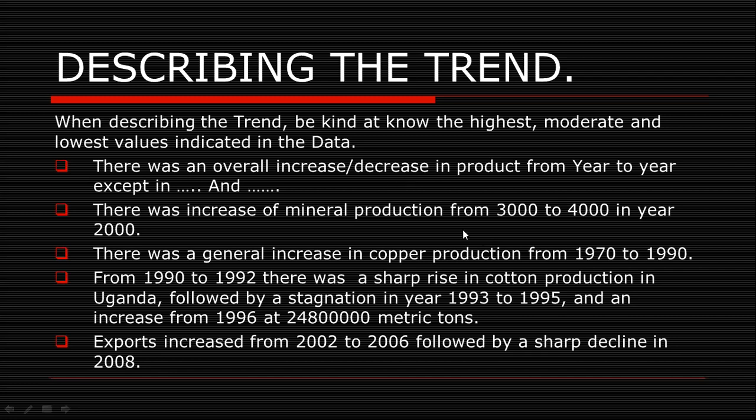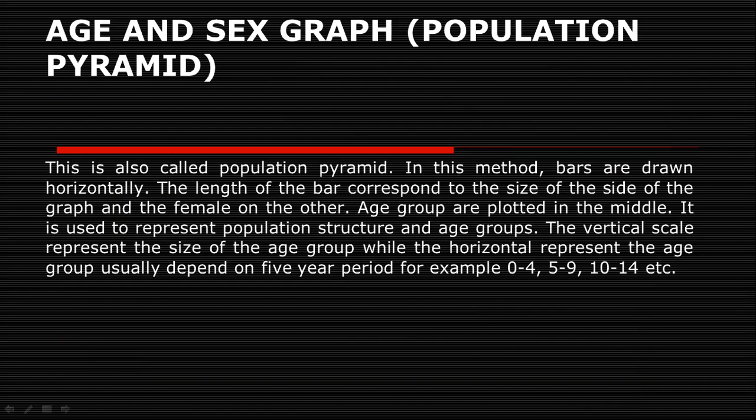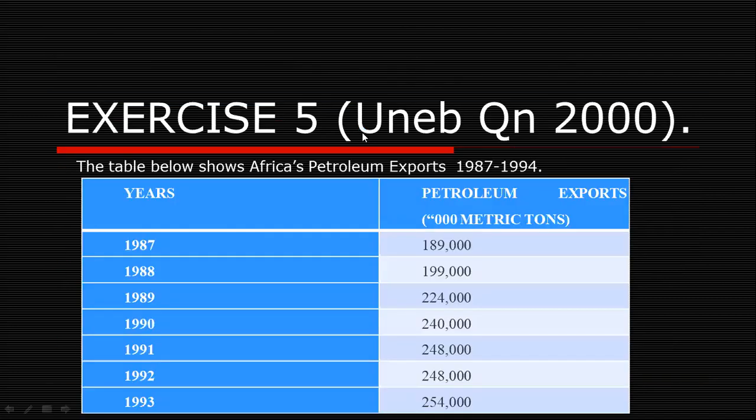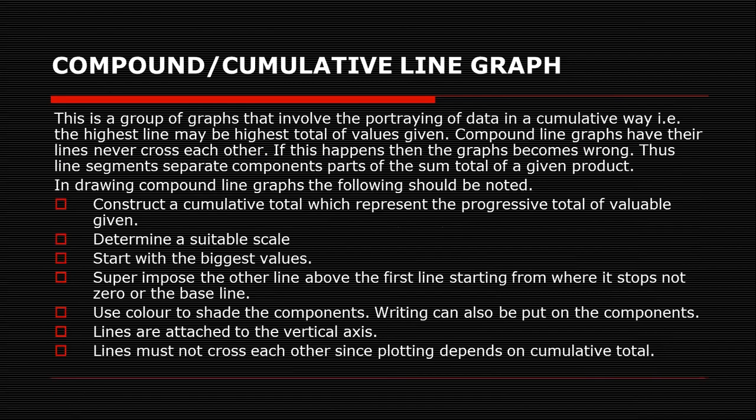Okay, so I think we have been able to exhaust the questions. Someone is telling me it is already time and they are mathematics students. Now, I just wanted to go through one of the requests that was made by a student. The next time we meet, we shall look at the age and sex graph. Now, to the student, we said that for you to get the scale, you must look at the information that you have been given.